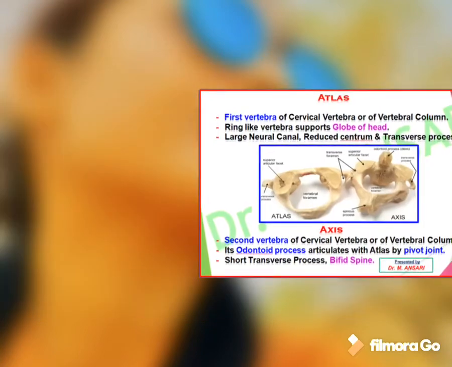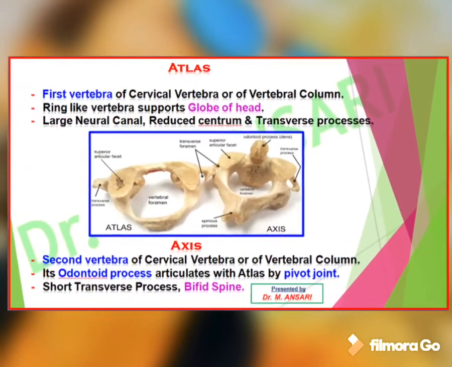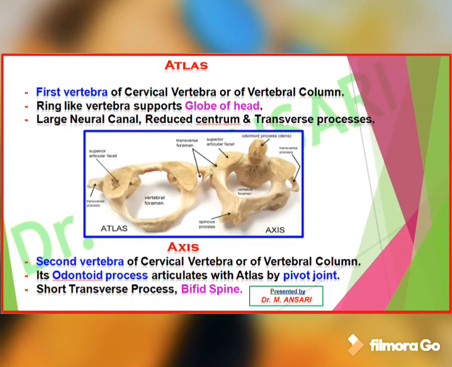The first vertebra of the vertebral column is called atlas. Atlas is a ring-like vertebra which supports the globe of the head. Atlas consists of a large neural canal and reduced centrum and transverse process, as you can see in the diagram given here.